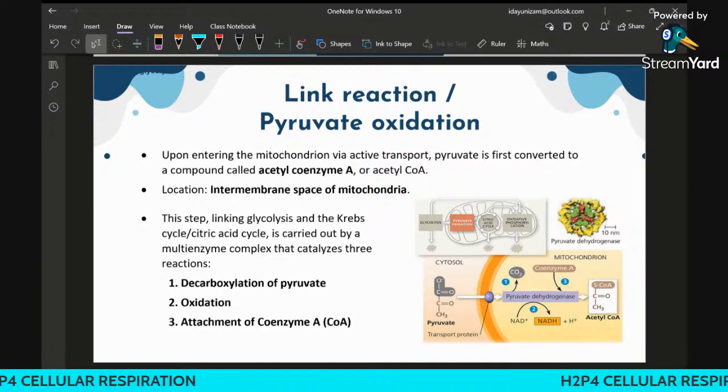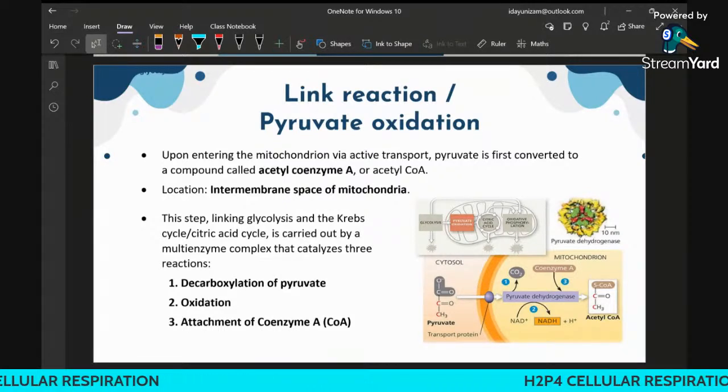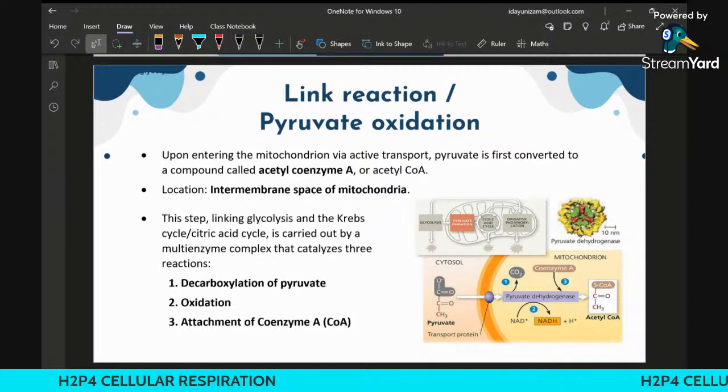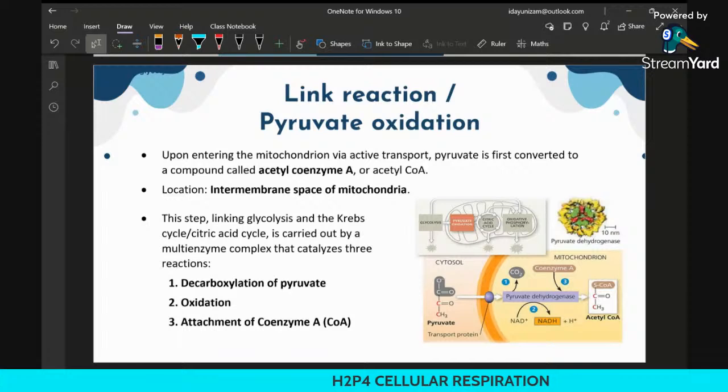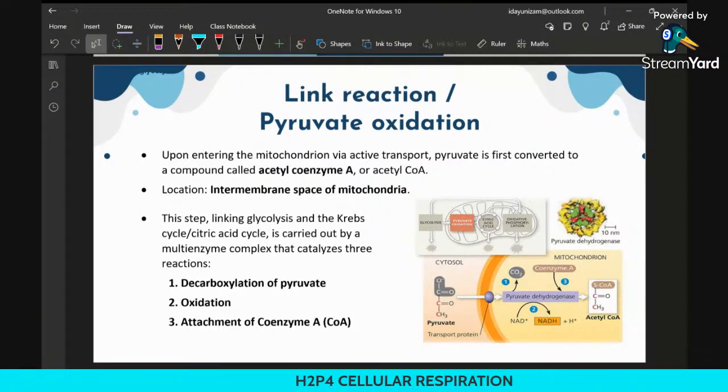There are 3 glycolysis questions: question 6, question 5, and question 1. Teacher would like you to prepare them so that tomorrow we can discuss them to enhance your concept of glycolysis.